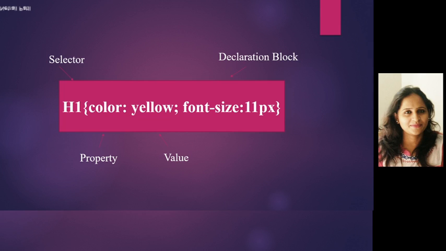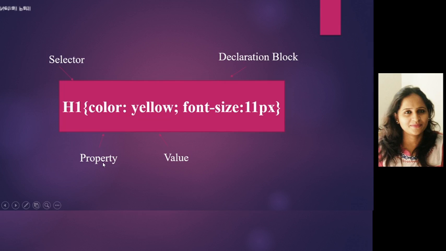For the above example, there are two declarations: color equals yellow and font-size equals 11 pixels. Each declaration contains a property name and value separated by a colon.